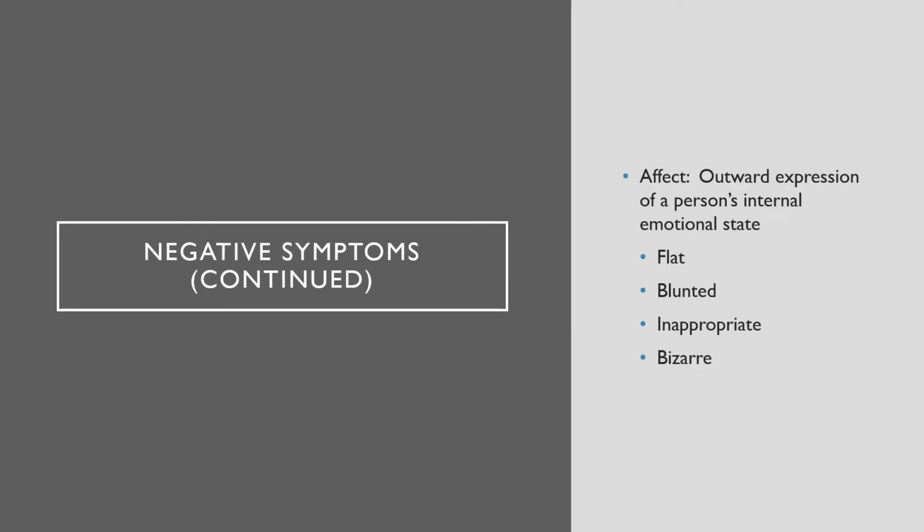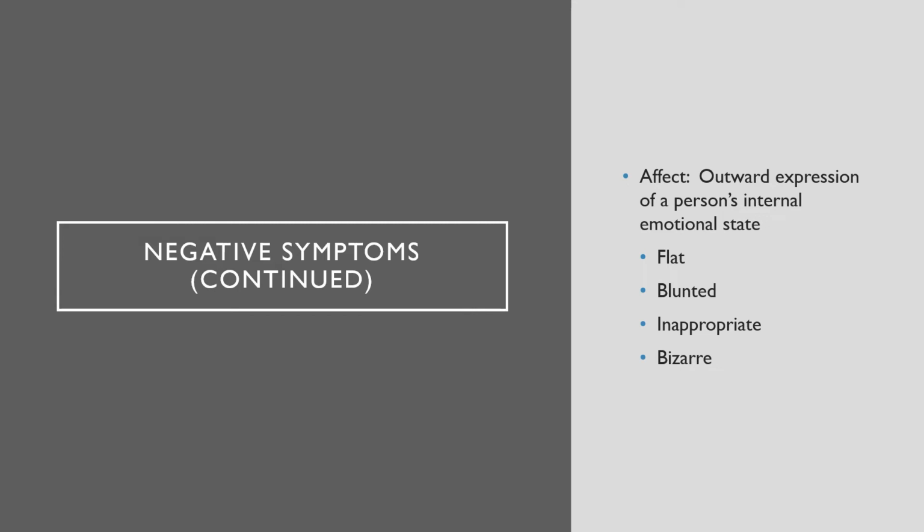And then one additional A word is affect. And that affect can usually be categorized in one of four ways. This is that outward expression of a person's internal emotional state. So if they have a flat affect, it's an immobile or blank facial expression.